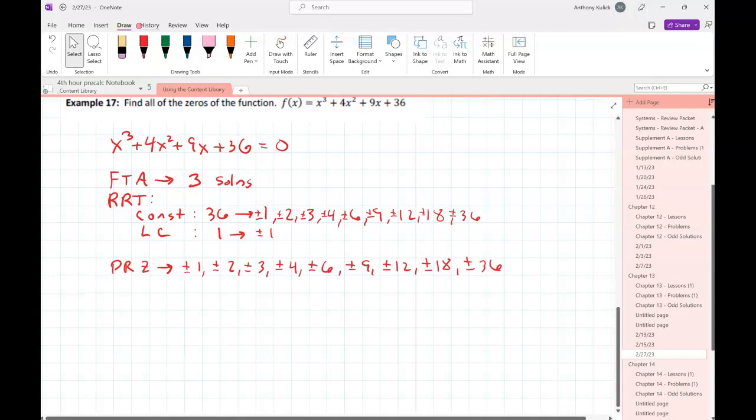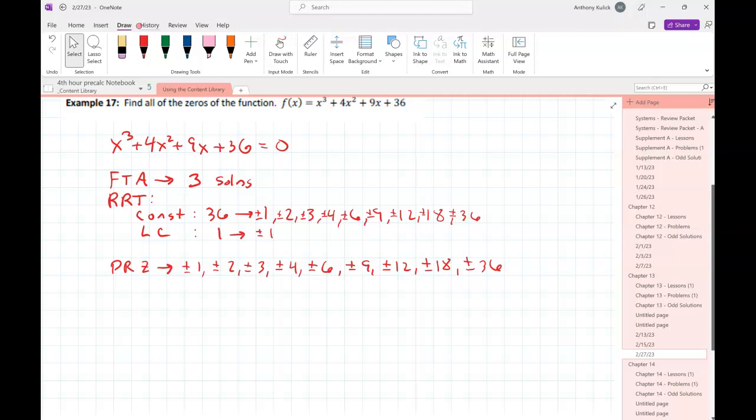So what I'm going to do is I'm going to do some synthetic division using some of these numbers from this list. Well, Mr. Kulik, I don't know, there's like 24 numbers or something if we're counting all the pluses and minuses, like which one do I want to start with? Because how many can work? At most 3. We don't know all the solutions are going to be rational. We know at most 3 will work.